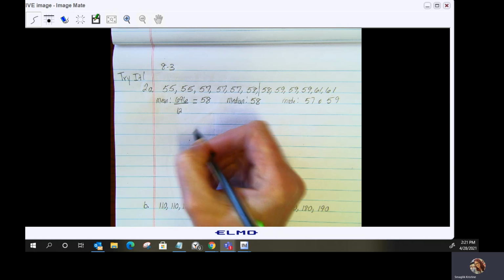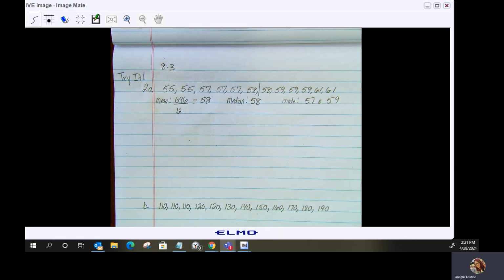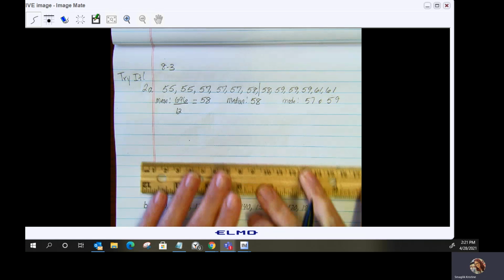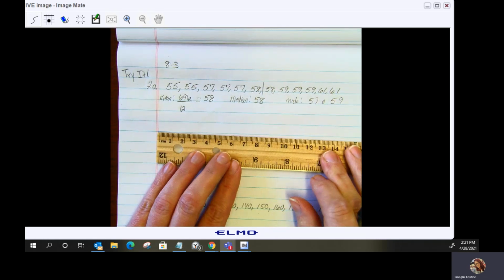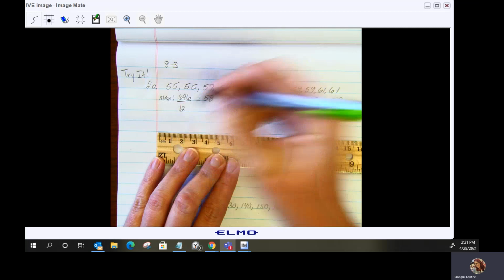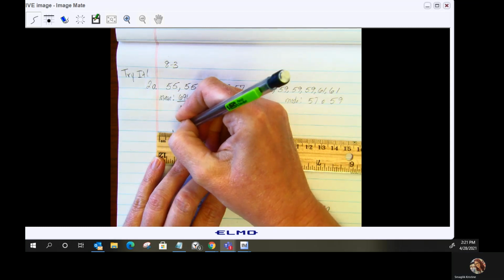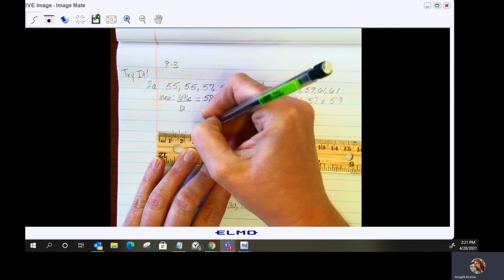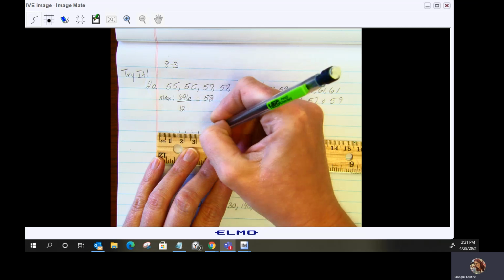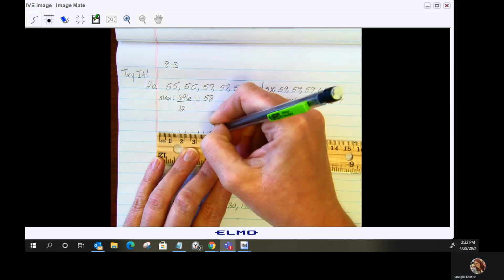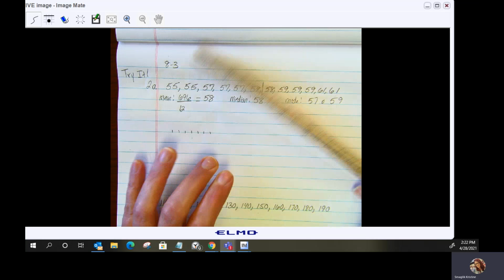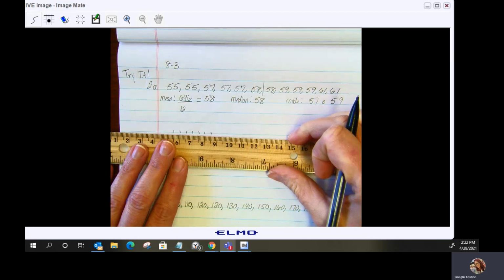Let me grab a ruler, that way I can get these evenly spaced and make it look a little neater. So we'll go 55, 56, 57, 58, 59, 60, 61. That's my highest.